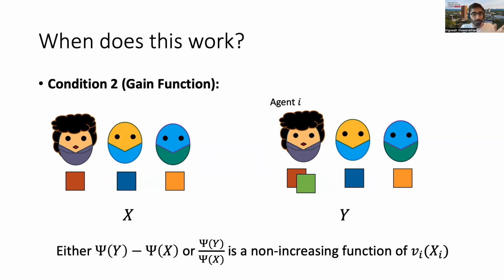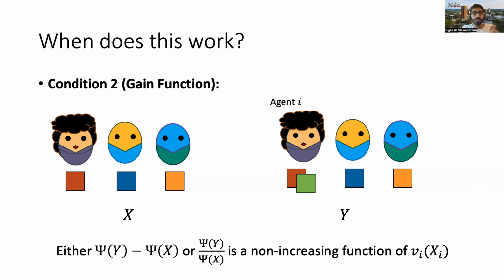Now, if we were to compare X and Y according to psi, the gain function condition says that either psi of Y minus psi of X, or psi of Y divided by psi of X, must be a non-increasing function of the value of the utility of i under X. That is, the justice criterion must have some sort of concavity property.